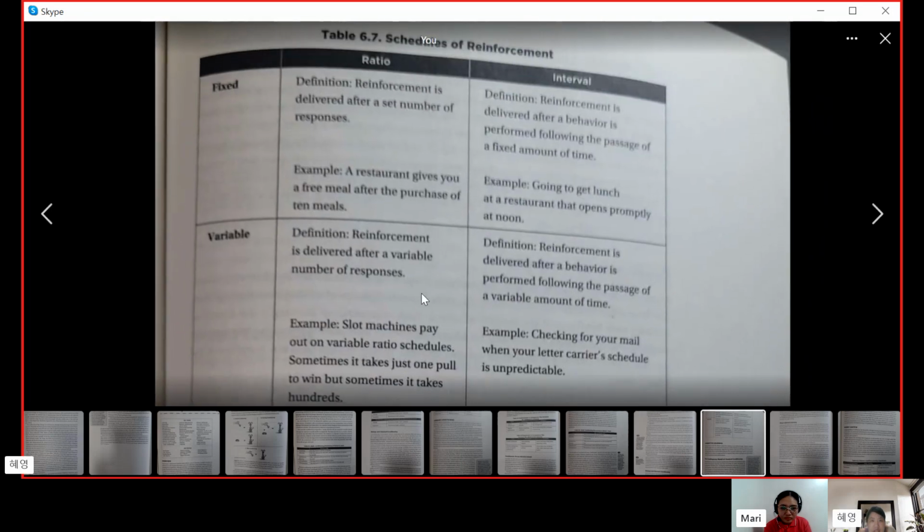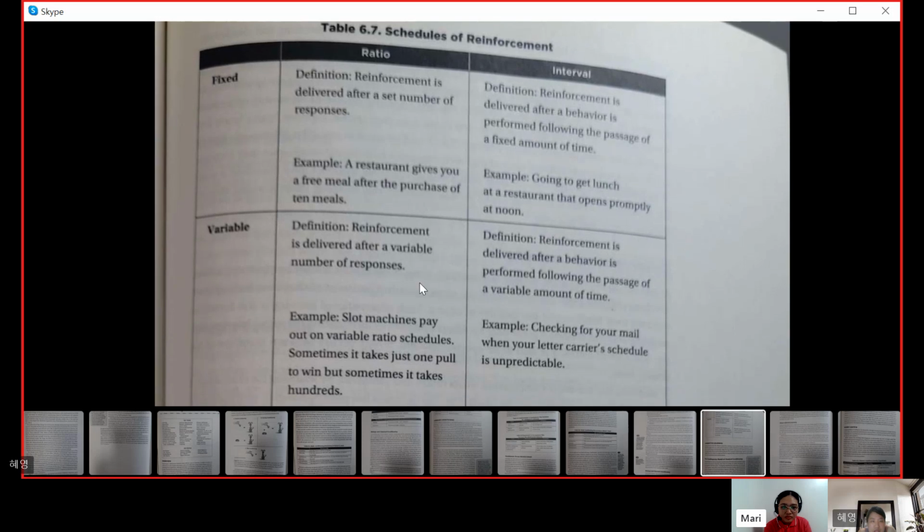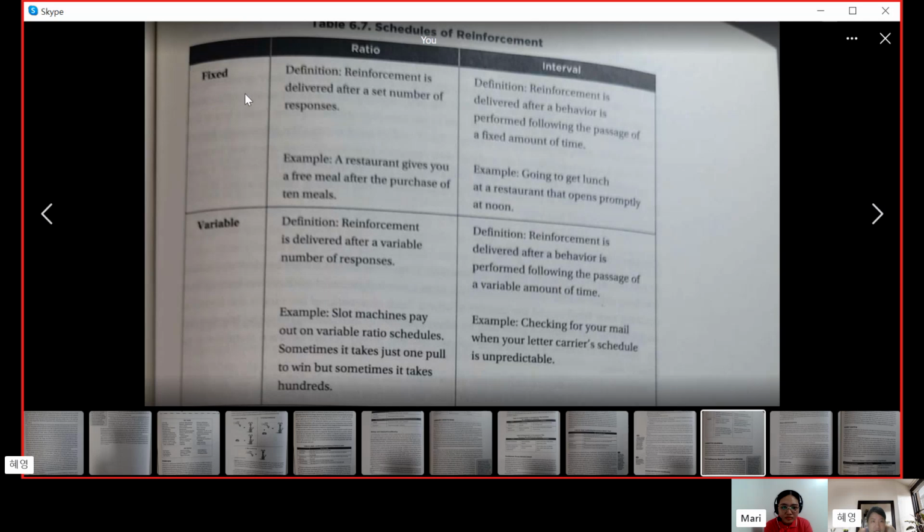This is the schedule of reinforcement. This is fixed, this is variable, and ratio and interval.